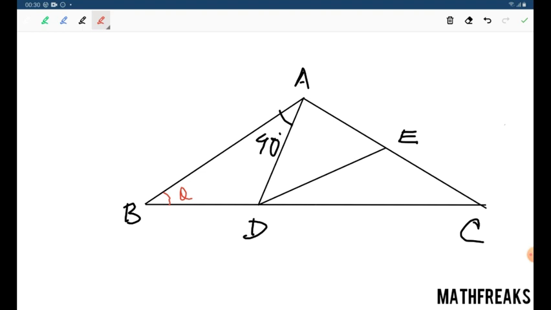Since these are equal, this and this will be theta. This will be alpha. This will be alpha. Applying the exterior angle property, if this is beta, then alpha can be written as beta plus theta, that is beta equals alpha minus theta.